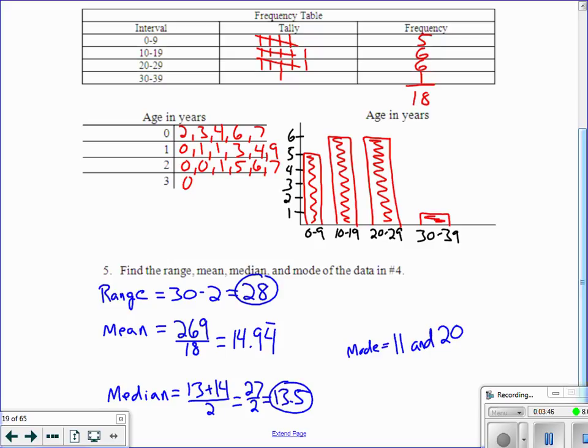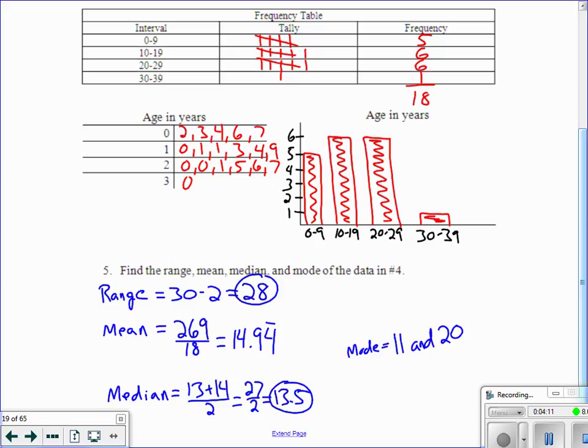Your mean, remember you have to add up all the numbers first. So if I add up all the numbers in the data, they're going to add up to 269. And then I have to take that 269 divided by the number of pieces of data, which is 18. So 269 divided by 18 comes out to 14.94, and that 4 repeats.